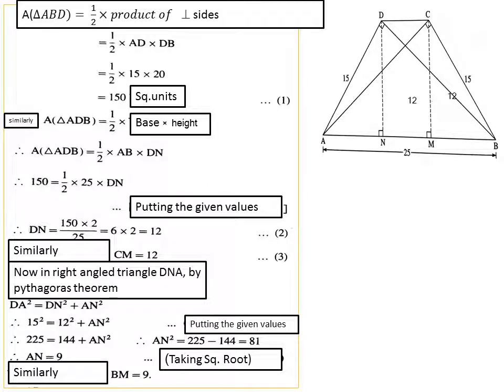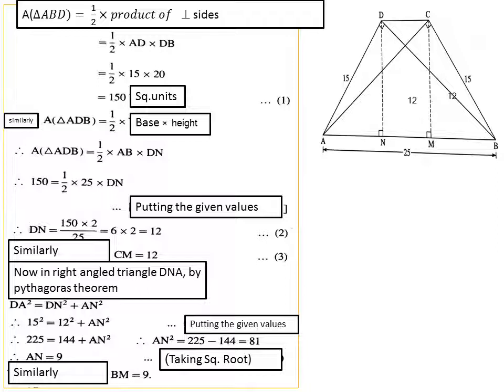Now, in right angle triangle DNA, again you can use Pythagoras theorem because angle DNA equal to 90 degrees. Using Pythagoras theorem, we get DA square equal to DN square plus AN square.